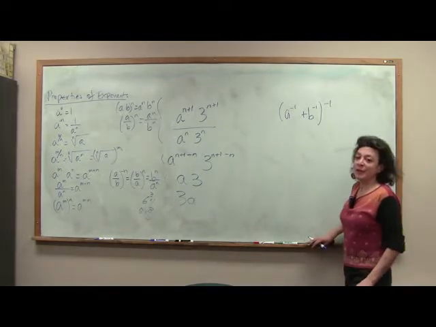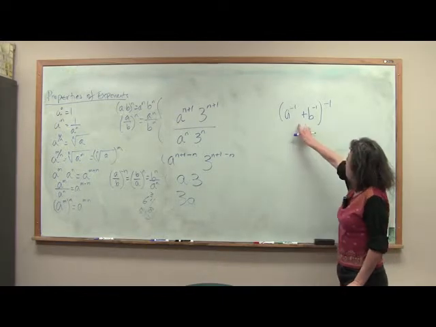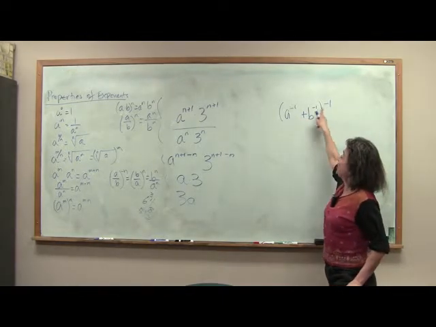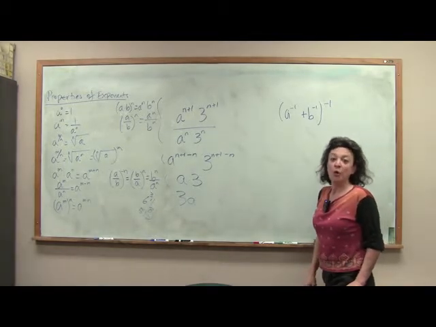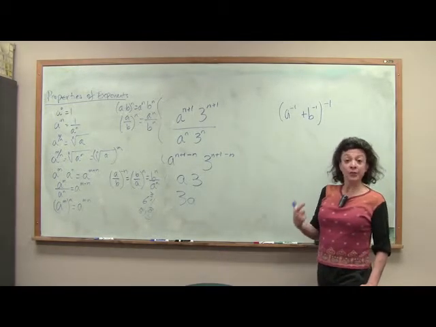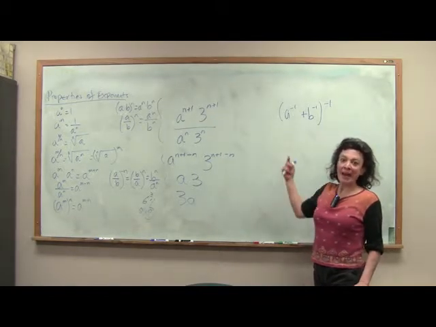Now, wouldn't it be lovely if we could bring our negative exponent into each of those terms? Why can't we? Well, the reason why we can't is precisely because we're adding in here.